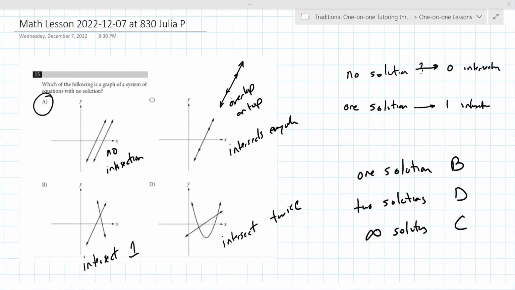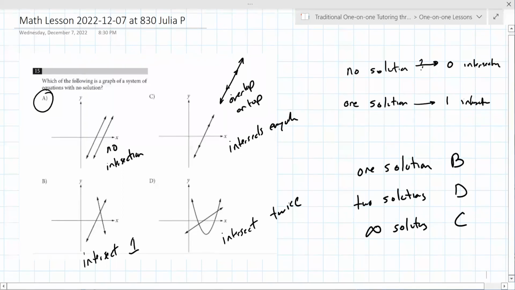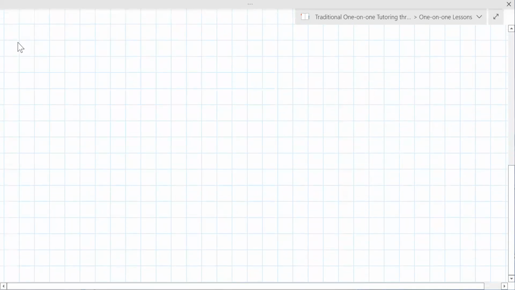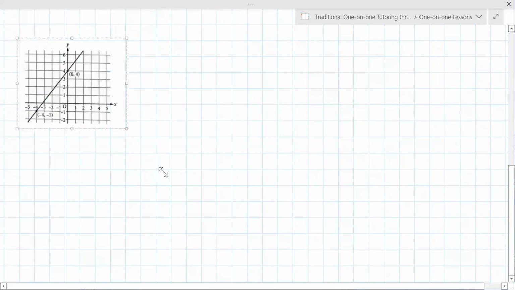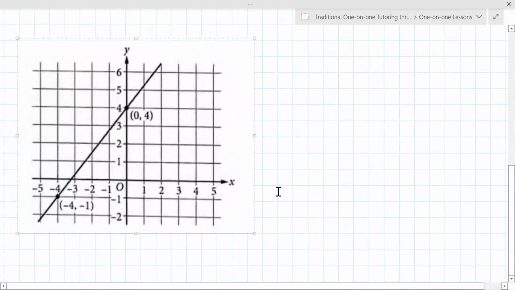Okay, let's look at another kind of graphing problem. I'm going to rephrase the question here, but I'm going to grab this graph and ask you some things about it that could be useful here. All right, so the first thing I want to ask you is, what is the y-intercept?